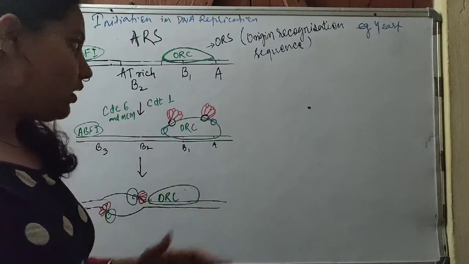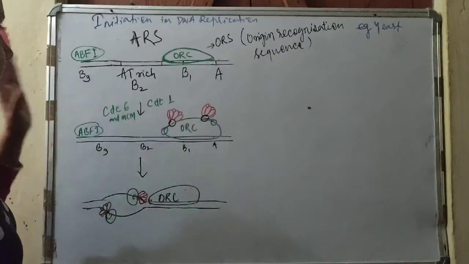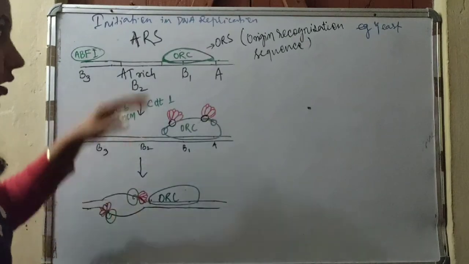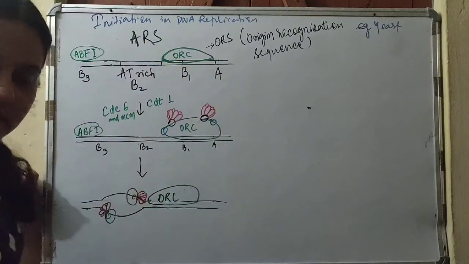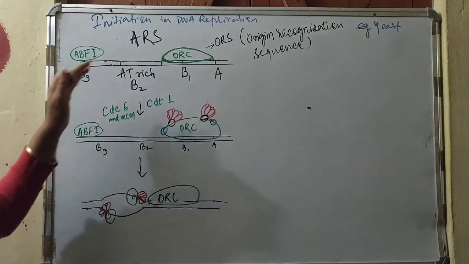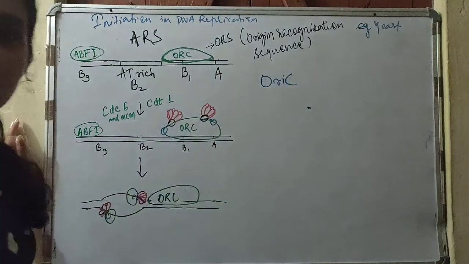So let us come to the point. Now this is the ARS, known as the autonomously replicating sequence. This autonomously replicating sequence is the same as oriC in E. coli.